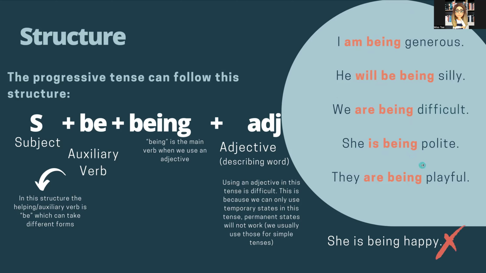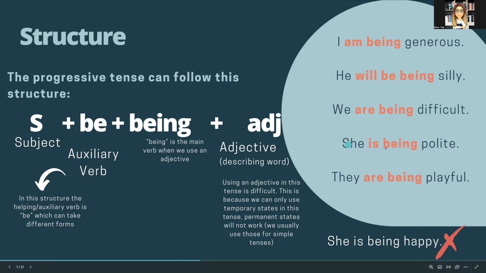Now, the adjective is very difficult. Using an adjective in this tense is difficult because we can only use temporary states in this tense. Permanent states will not work. So permanent states, adjectives used to describe permanent states, are used for simple tenses.